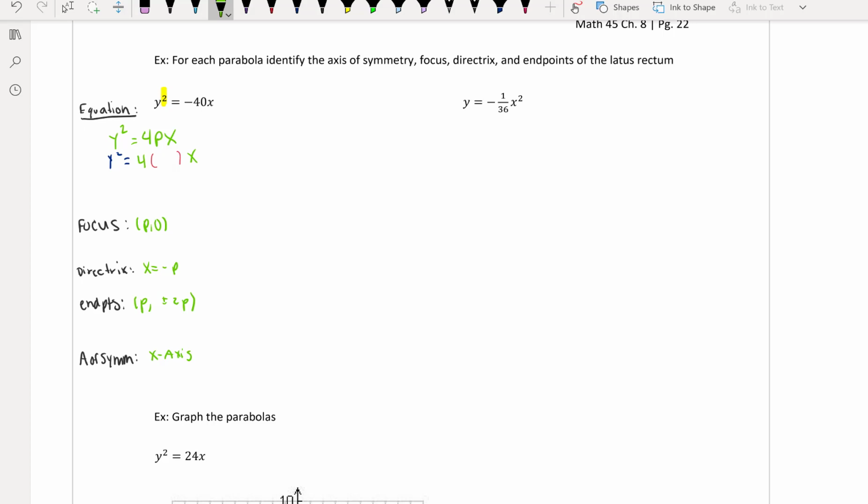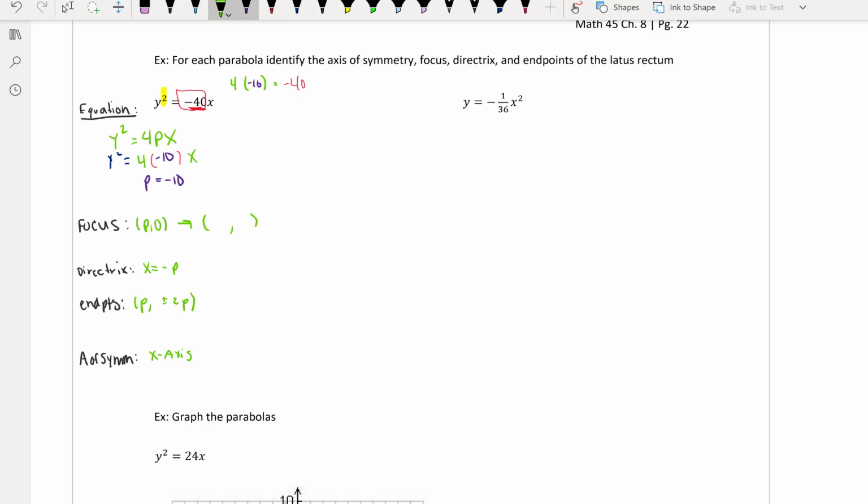So 4 times what is going to give me this term that I have over here, and that's a negative 40. So I know I can think about this as a 4 times a negative 10. So now I know that my p-value is a negative 10. That p equal to negative 10 is really going to help me. Now I can figure out what all this is going to mean.